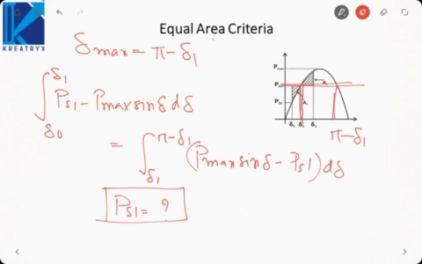Because what was happening in steady state was we were gradually increasing the load, but here we are suddenly increasing the load. So how much load can you put suddenly on the shaft or on the electrical terminals of the generator? That gives me an idea about that. Okay, so always remember delta max will be equal to pi minus delta 1, or delta max is such that if rotor angle goes beyond that, system will lose synchronism.